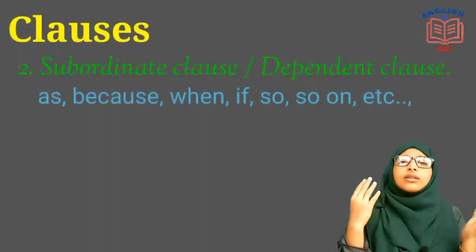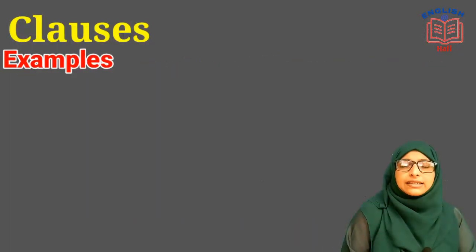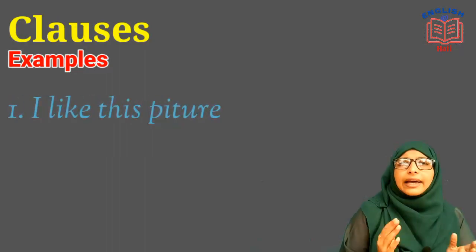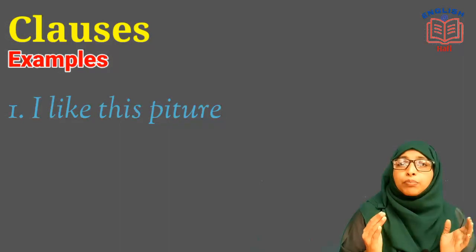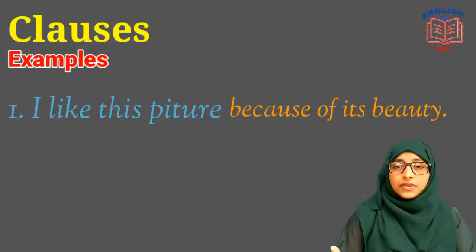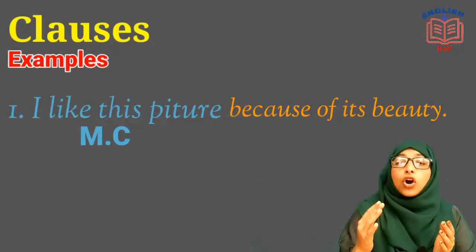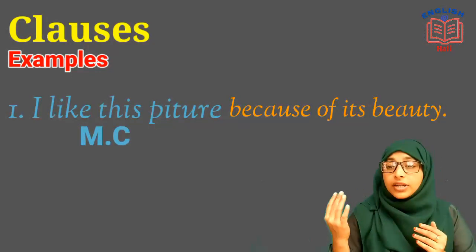So let us go through a few more examples of clauses. I like the picture because of its beauty. I like the picture is the main clause. Because of its beauty is the subordinate clause.